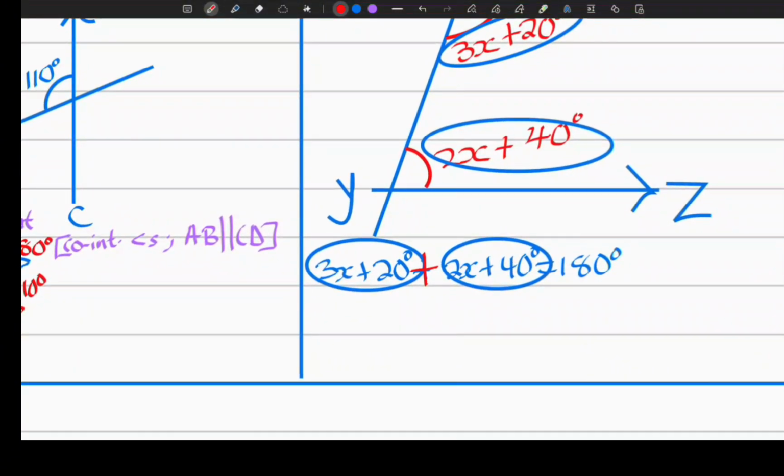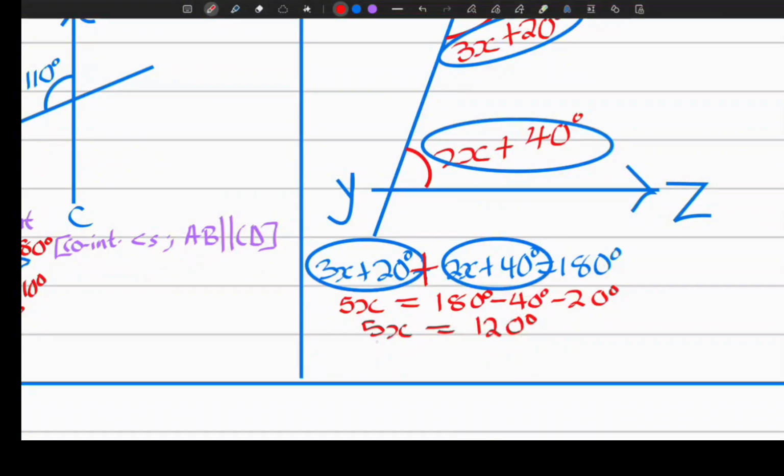And we're going to start by grouping like terms, the 3x and the 2x. We can add those two to get 5x. And then the 20 and the 40, when we take them over the equal sign, they become subtractions, which then gives us 120 degrees.